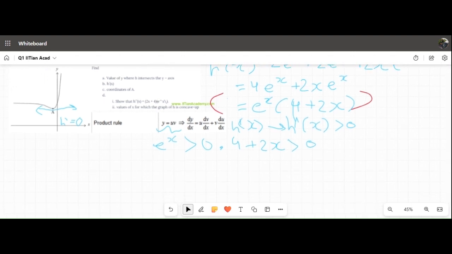Then if we rearrange our terms, we can say that 2x must be greater than -4, and therefore x must be greater than -4 over 2, which is just -2. So x must be greater than -2 for the function to be concave up.